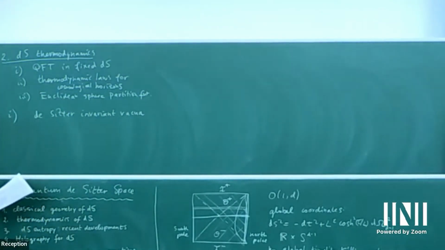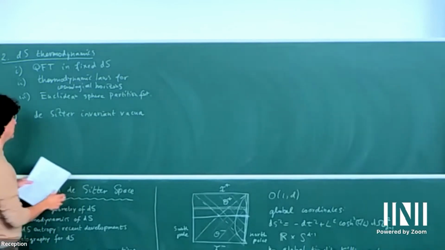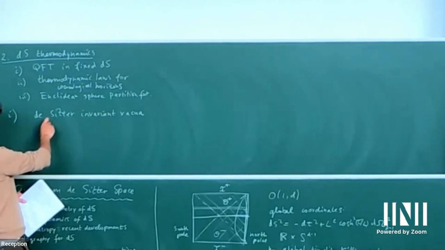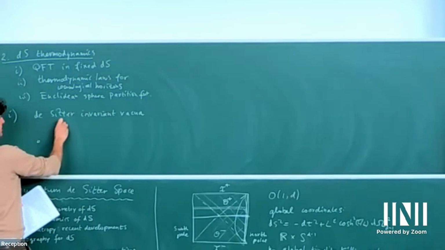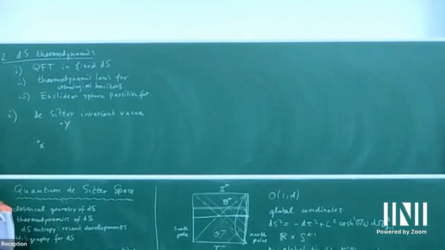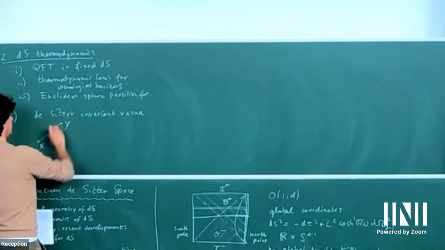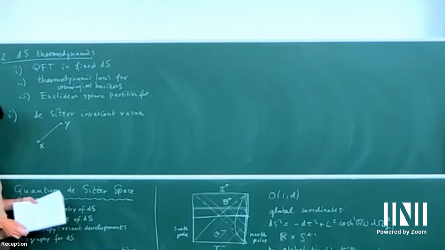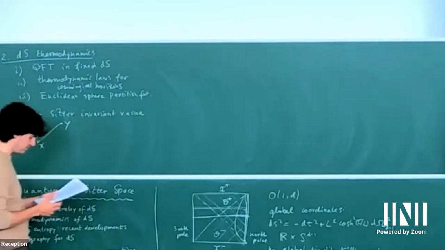But if you now restrict the vacuum state such that the propagator only has singularities on null separation between 2 points, X and Y, then the vacuum state is unique, and it's called the Bunch-Davies vacuum.